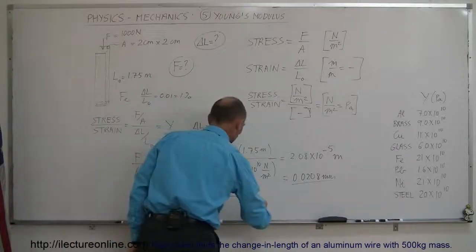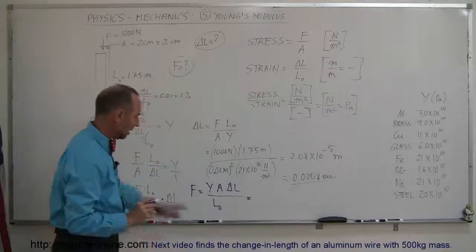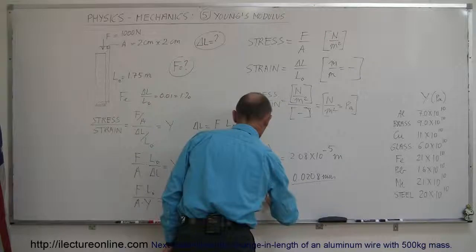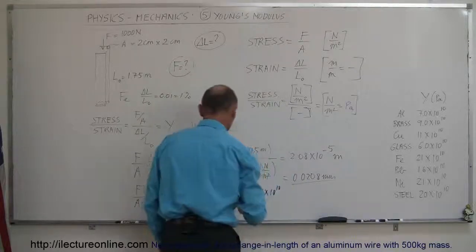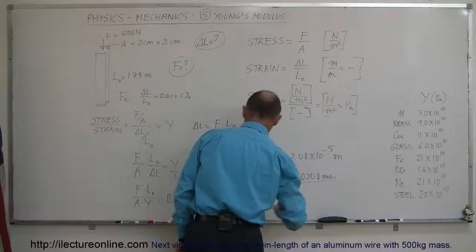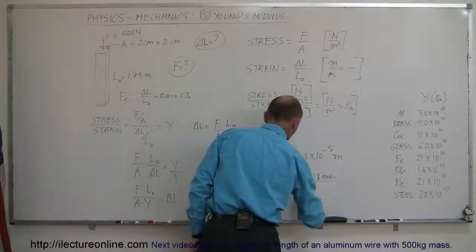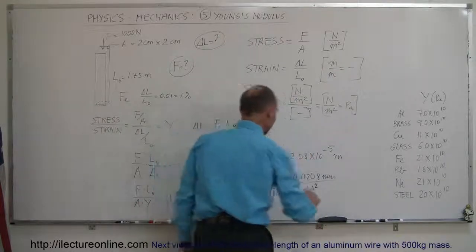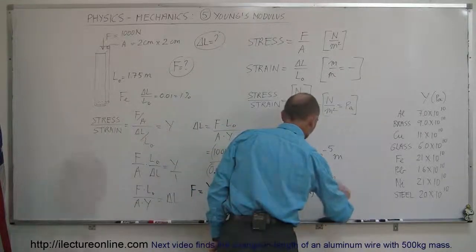So let's plug in all these numbers, and let's assume we're dealing with an iron beam. Young's modulus, we have 21 times 10 to the 10th, and that would be pascals, or newtons per square meter. The cross-sectional area, we know that's 0.02 meters, and we have to square that. The change in length divided by L is 0.01.